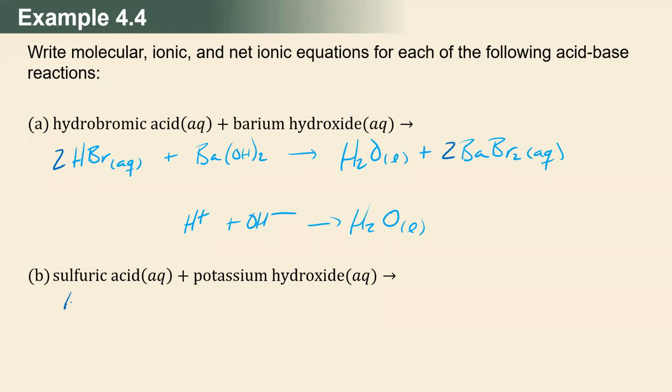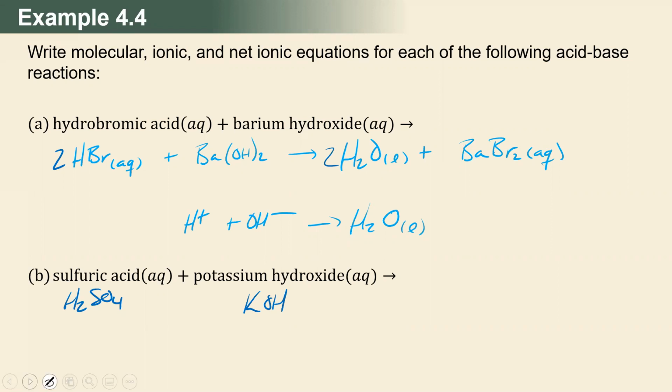This one's similar because this is H2SO4, so it has 2 protons, and potassium hydroxide, KOH. Dr. Davis, doesn't the 2 go in front of the water, not the barium bromide? Yes, you're right. Thanks.